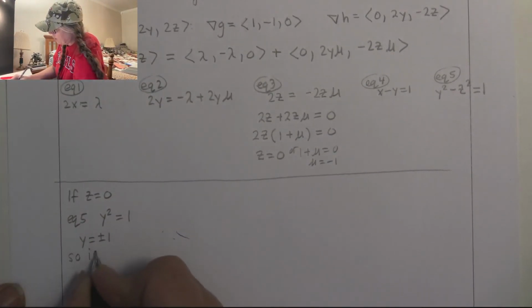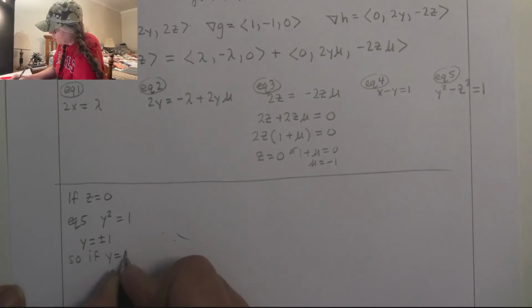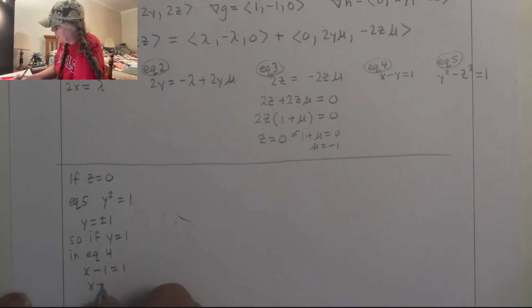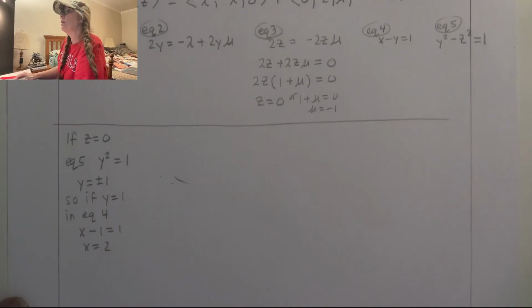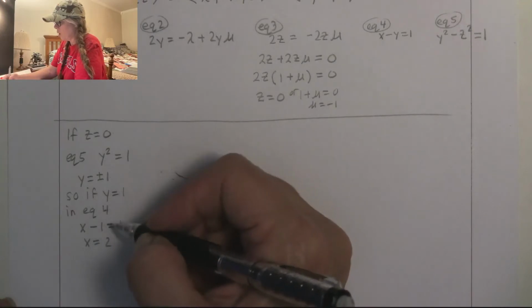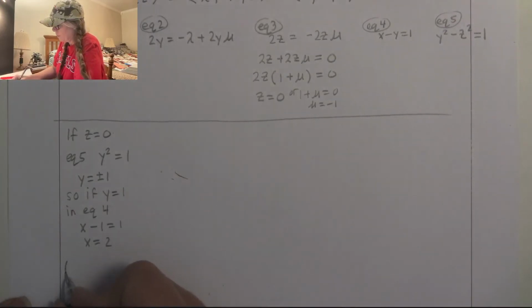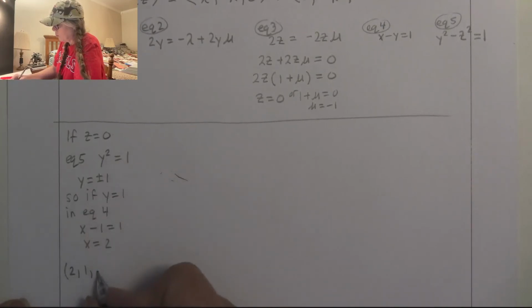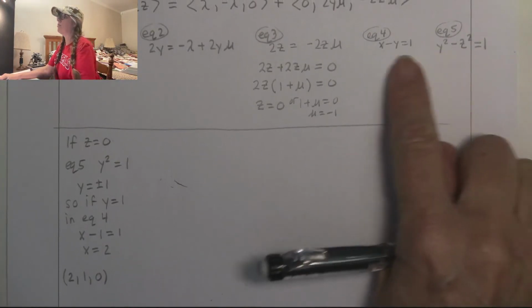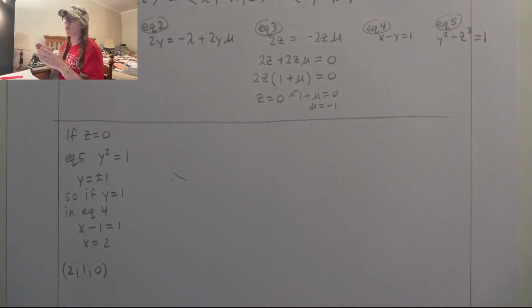So if y equals 1 in equation 4, x minus 1 equals 1, and x equals 2. So that gives me a complete set: z is 0, y is 1, and x is 2. I want to make sure that that solves both, that I haven't messed up, and it needs to solve both of my constraints.